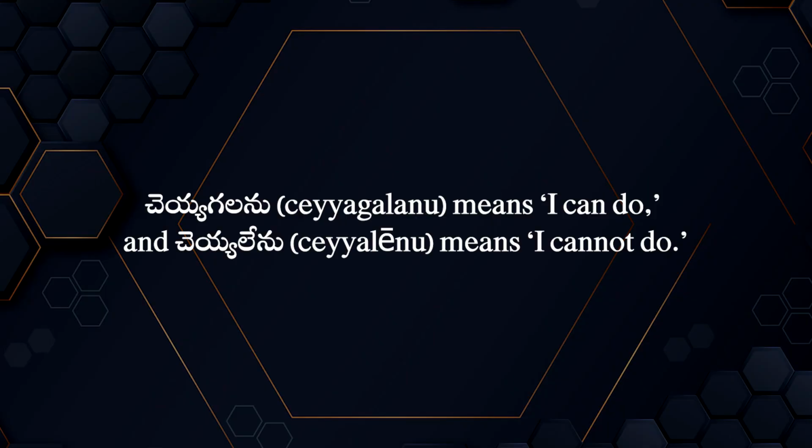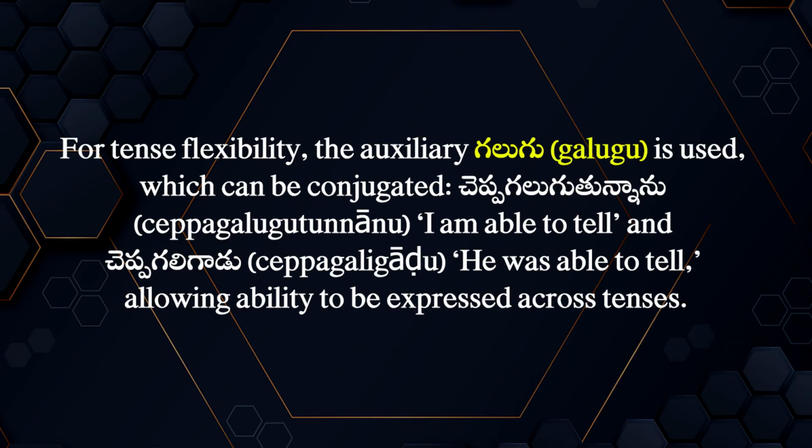For example, చెయ్యగలను, I can do, చెయ్యలేను, I cannot do. For tense flexibility, the auxiliary galugu is used, which can be conjugated. చెప్పగలుగుతున్నాను, I am able to tell, and చెప్పగలిగాడు, he was able to tell, allowing ability to be expressed across tenses.